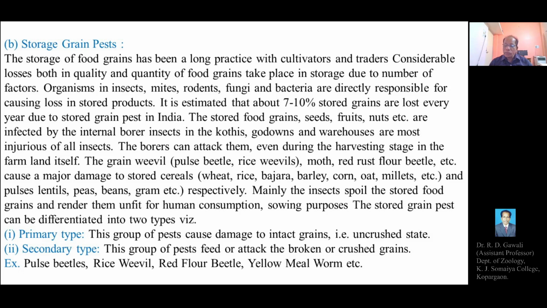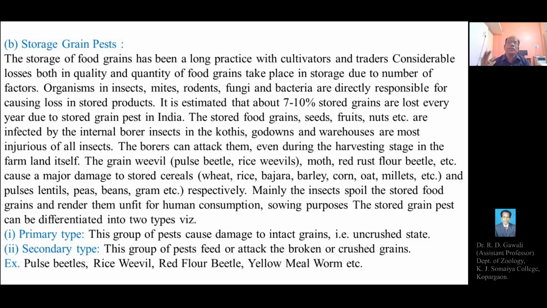So these are the different types of stored grain pests, which are either primary type or secondary type, infesting or attacking the stored grains, either food grains or cereal grains, and causing their loss or damage by feeding. They bore into the food grains and feed on the internal flour-like or carbohydrate material, which is totally consumed, causing hollowing of the food grains.